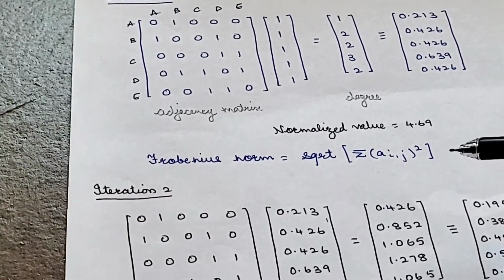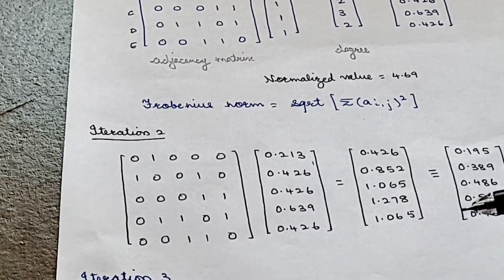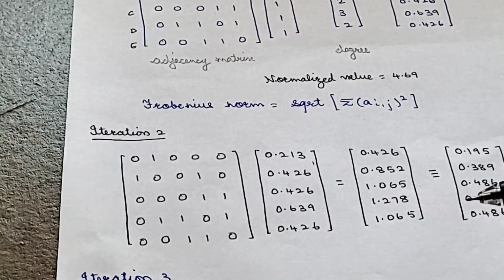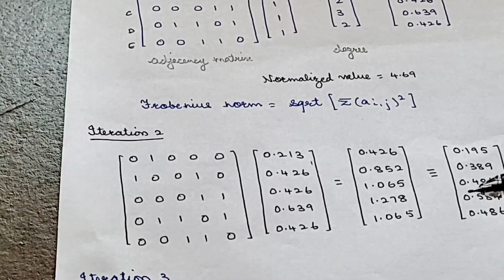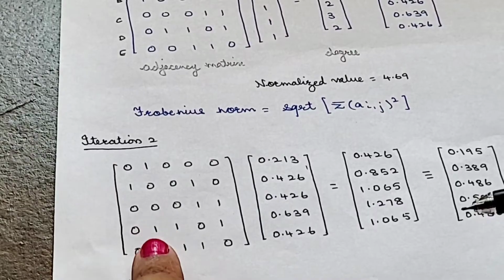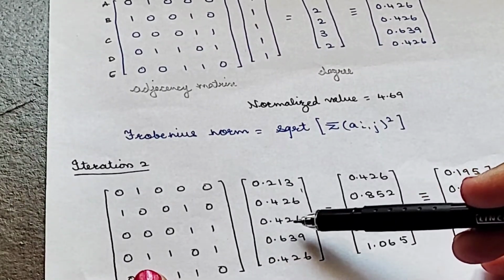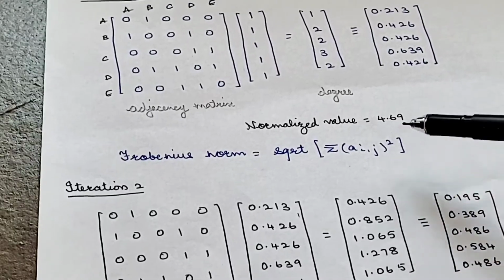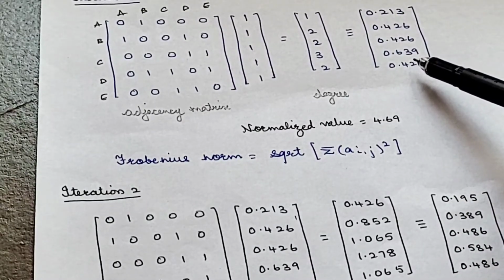Now find out iteration 2. We are supposed to continue this iteration until we get the same normalized value for 2 consecutive iterations. Again, this is our adjacency matrix. Now instead of the unity matrix, we will be multiplying this with the values which we received in the first iteration.